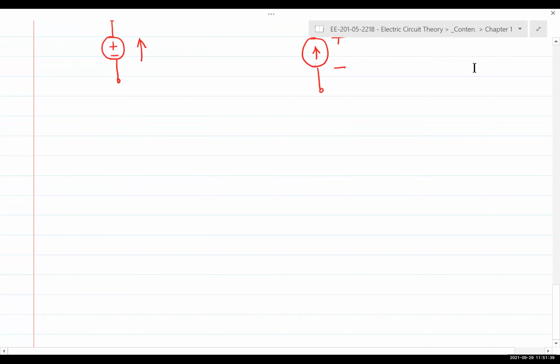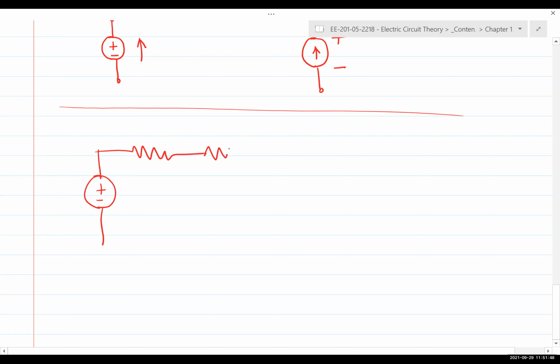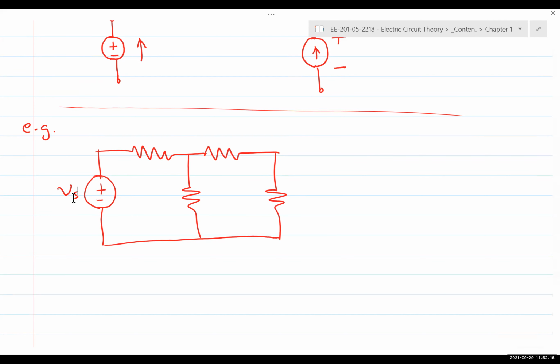If you have a circuit that looks like this, we are given the voltage source, with a notation for the voltage source, just Vs. Values for the resistors would be given, and you'd be asked to find the voltages and the currents for the rest of the circuit. So again, when we first start analyzing circuits, we randomly assign the polarities for the voltages and the directions for the currents.